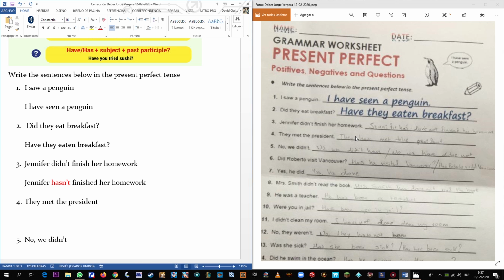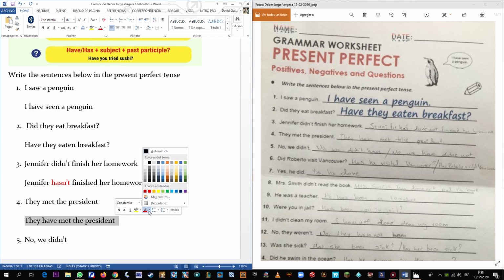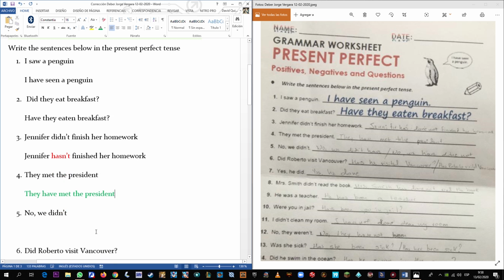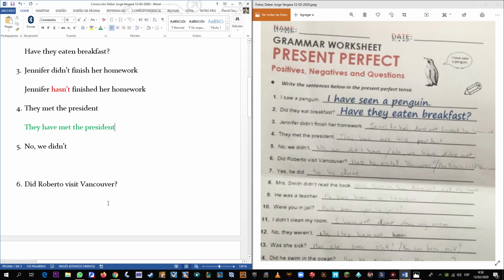So our student is correct. Let's write it down. They have met the president. And let's highlight this with a green color because it's correct. Our student did well.